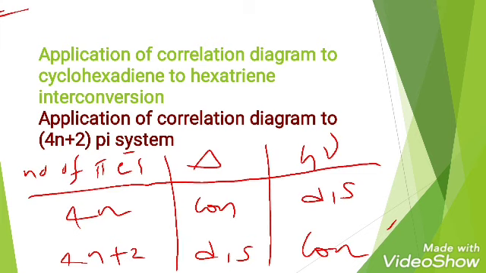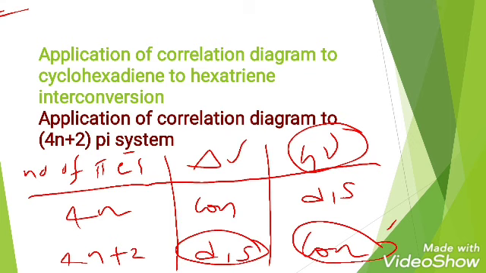For a system having 4n pi electrons, it is symmetry allowed under conrotation under thermal condition, and for 4n plus 2 pi electron systems, it is symmetry allowed under thermal condition in disrotatory motion, and for photochemical condition conrotation is symmetry allowed.